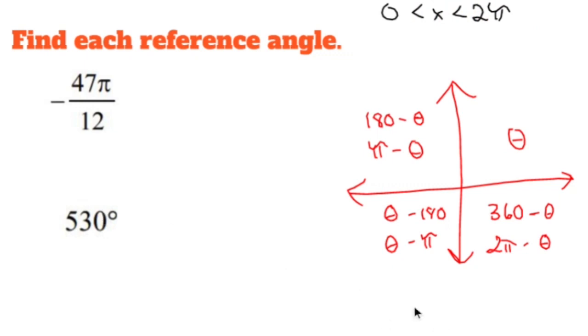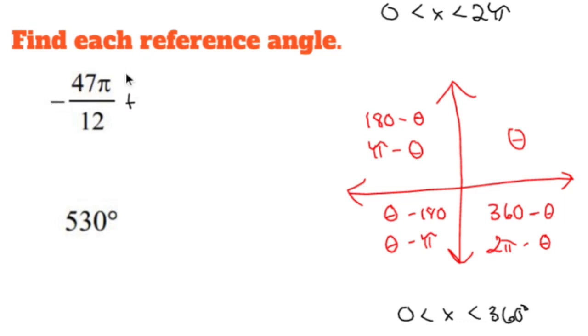Similarly, I need to make sure that one is written between 0 and 360 degrees. If it's not, then I need to keep adding or subtracting these numbers until I live in that territory. Now, this is not between 0 and 2 pi. Since this is negative, I'm going to add 2 pi until I live in that territory.